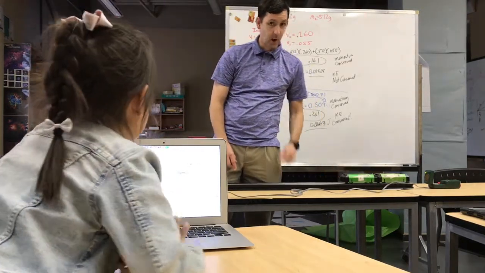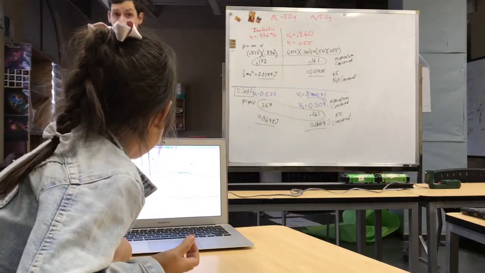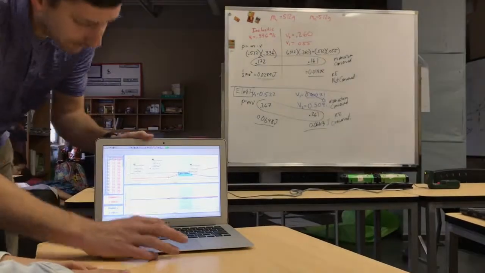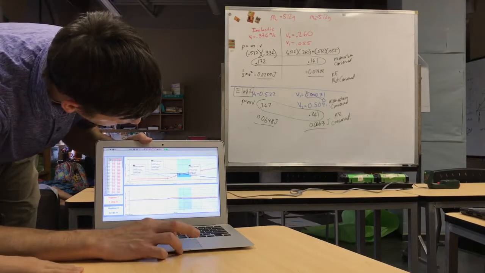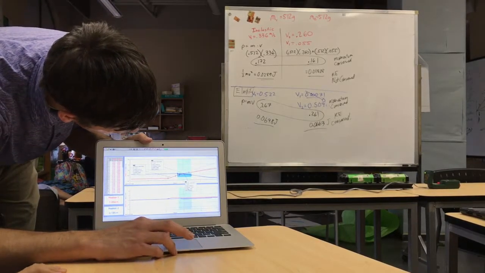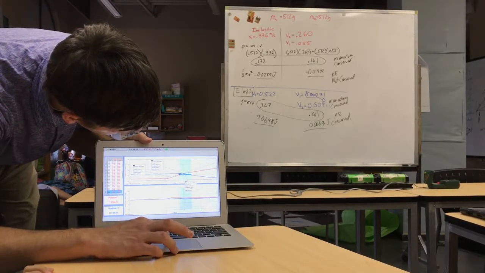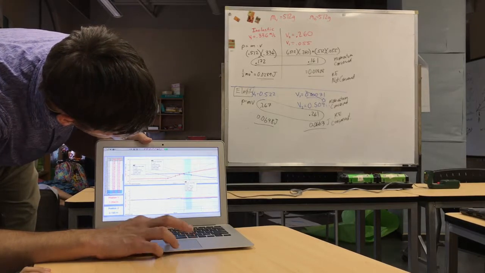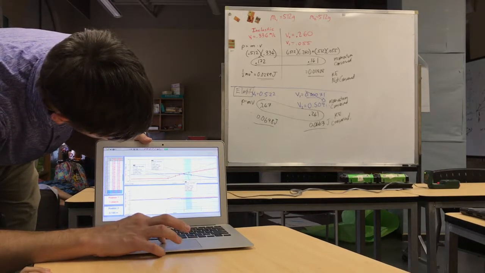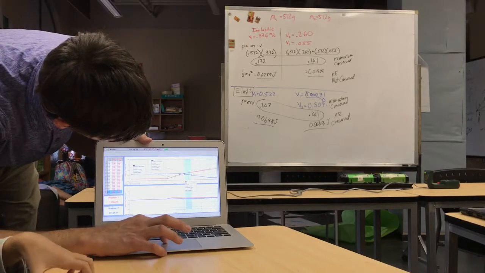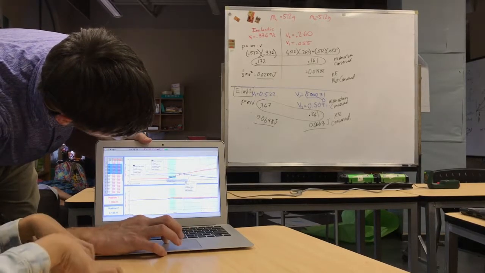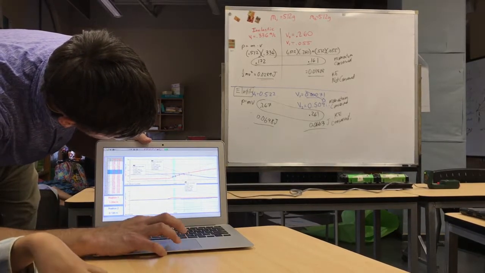Ooh. All right, let's see if we can do the same thing. We're going to get the velocities here and compare those two things. Right here, I've got cart 2 after the collision. Right here, I've got cart 1 before the collision.